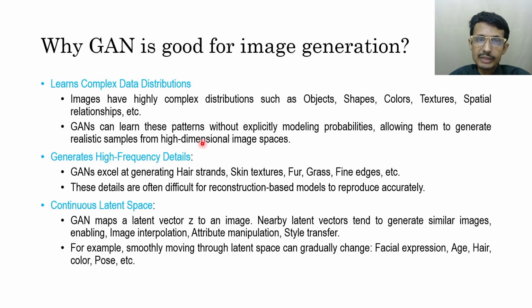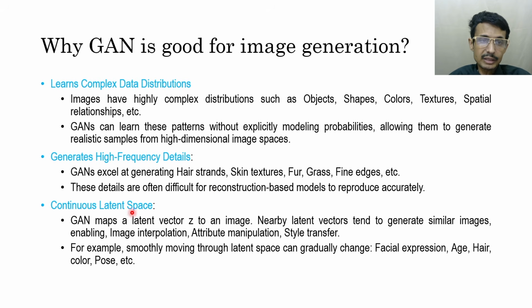GANs can learn these patterns without explicitly modeling probabilities, allowing them to generate realistic samples in high-dimensional spaces. So it generates high-frequency data. It excels at generating fabric patterns, hair texture, fur, grass, and fine edges very well. These details are often difficult for reconstruction-based models to reproduce.